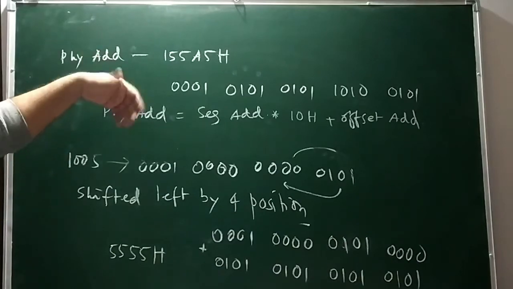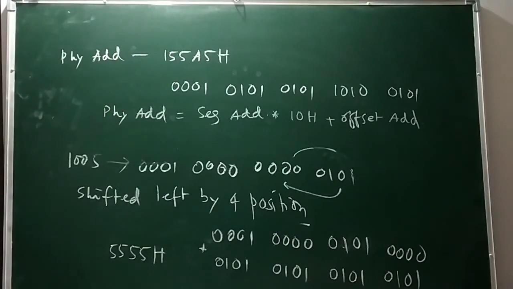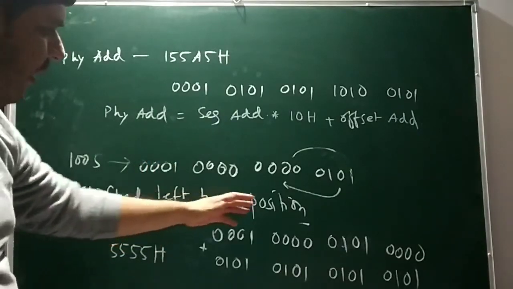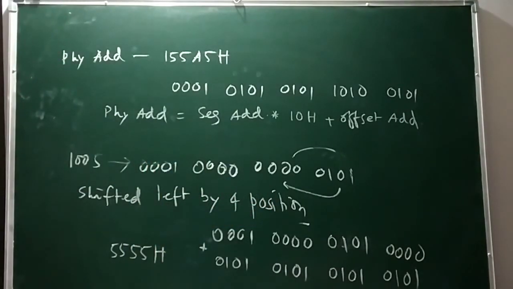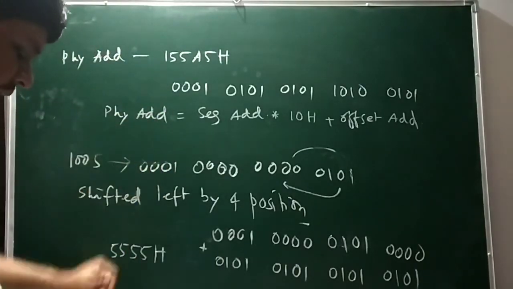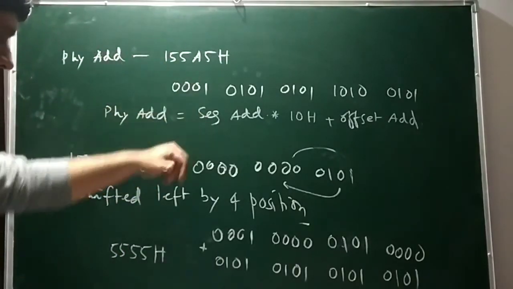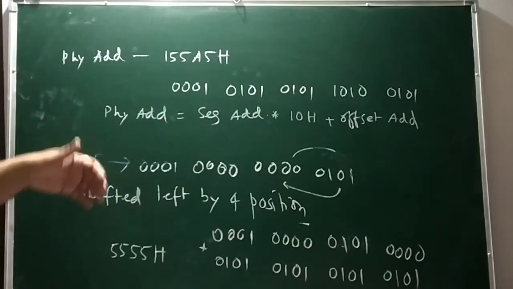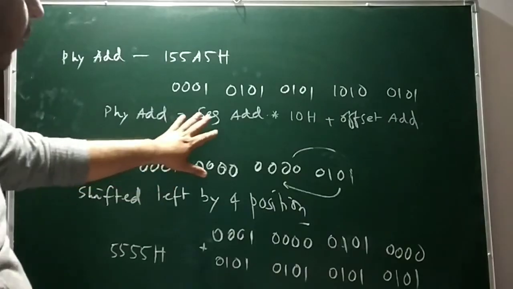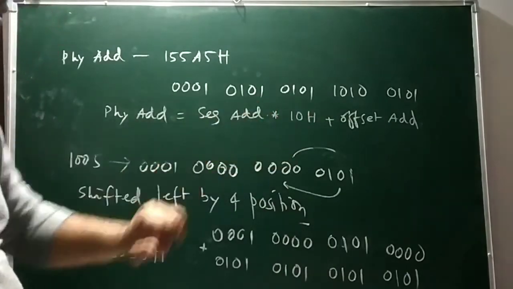Here we have shifted left by 4 positions. So in case of direct addressing mode, register indirect, register direct, based indexed or relative based indexed, how does the physical address get changed, or how do you change the segment address and offset address?